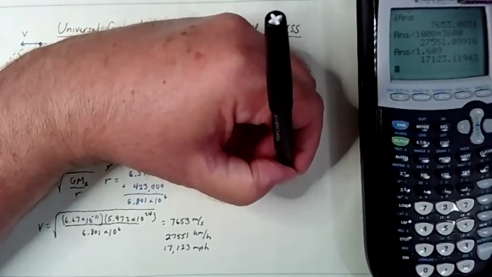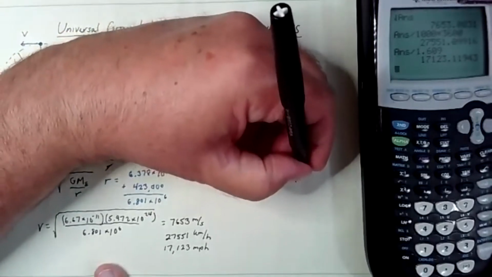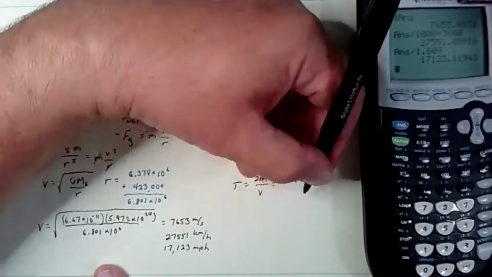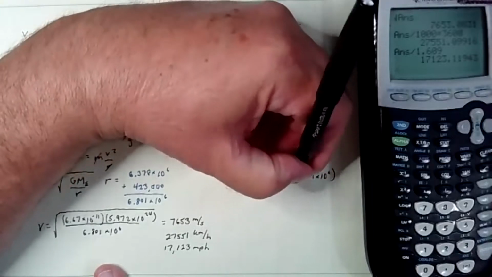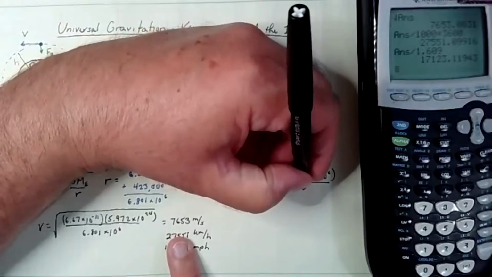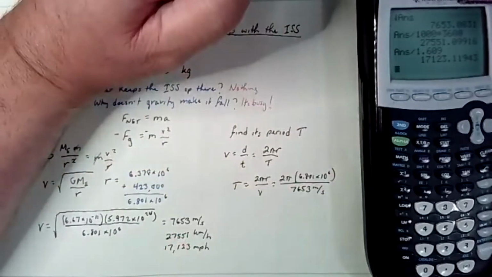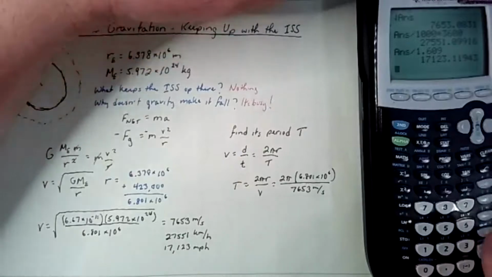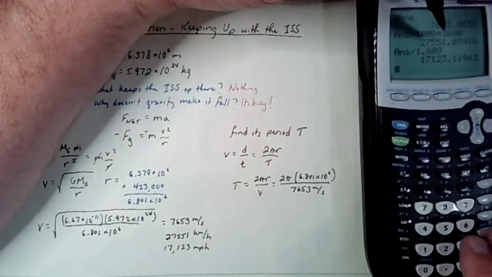And so 2 pi, radius 6.801 times 10 to the 6th power divided by the velocity of 7,653 meters per second. Right, okay, so there's my 7653 right there.